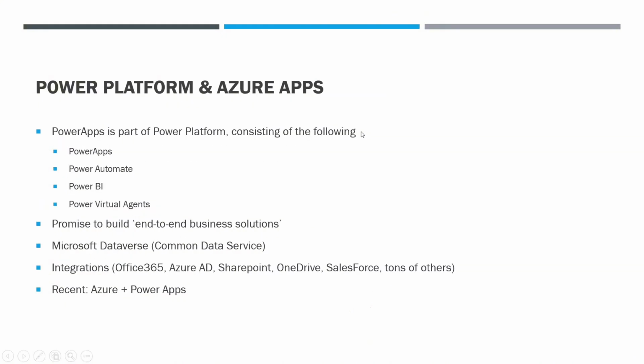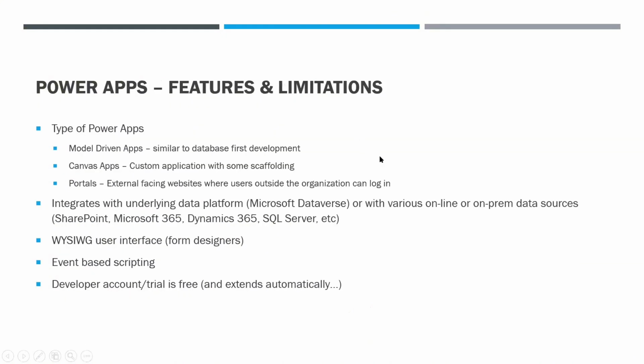All right. Now let's dig a bit deeper into Power Apps. There are essentially three types of application in Power Apps. One is called model-driven applications, and people who have worked with the .NET MVC framework must have heard of the term database-first development.